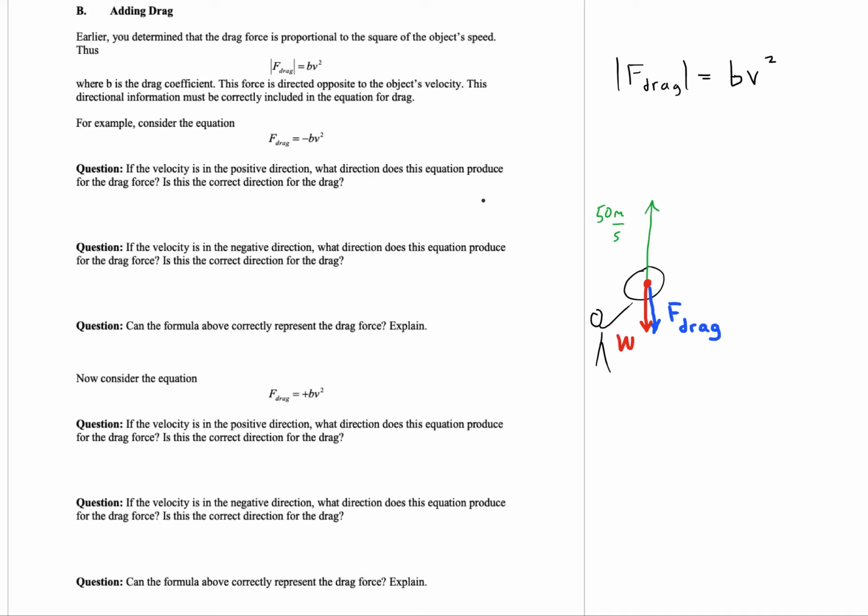And what they're saying is, if the object's velocity, v, is positive, so up, then the drag force will be negative. So if your object's moving slower, you'll still have the same weight, W, but the drag force would become dramatically smaller.